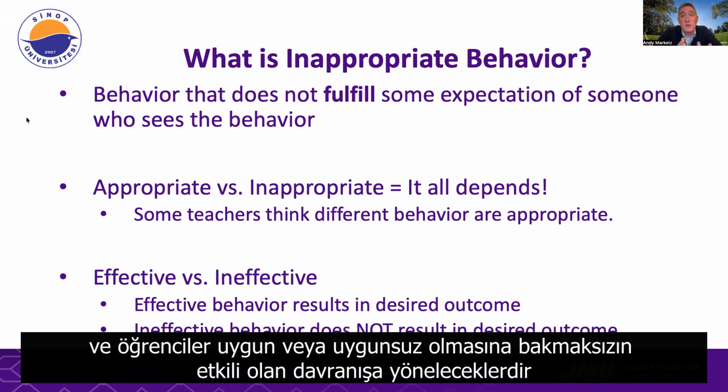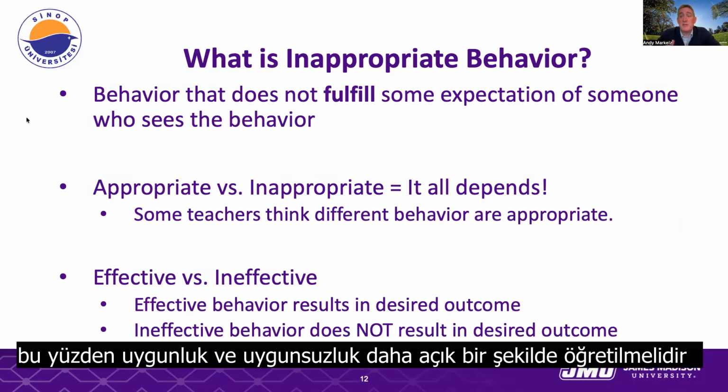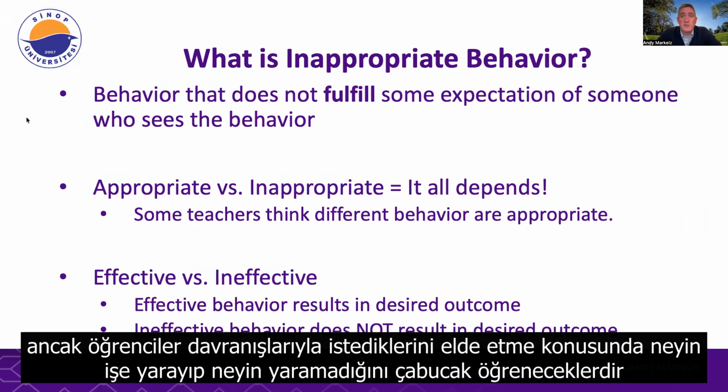And students are going to steer towards what's effective, regardless of whether it's appropriate or inappropriate. That needs to be taught more explicitly, the appropriateness and inappropriateness. But students are going to learn quickly what works and what doesn't work in terms of getting what they want with their behaviors.